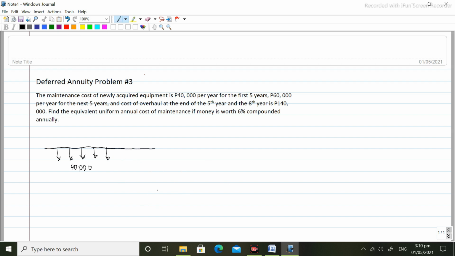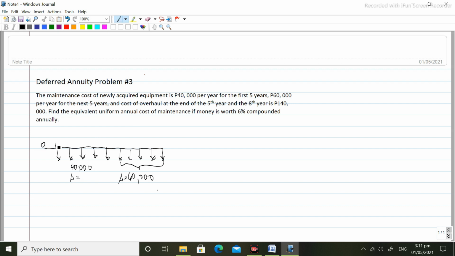Pasensya na, mahirap mag-drawing dito ng straight line sa journal. So, meron tayong 60,000 dito. Note ko na lang 60,000 yung annuity ng next 5 years. And then lagyan ko na lang ng year.